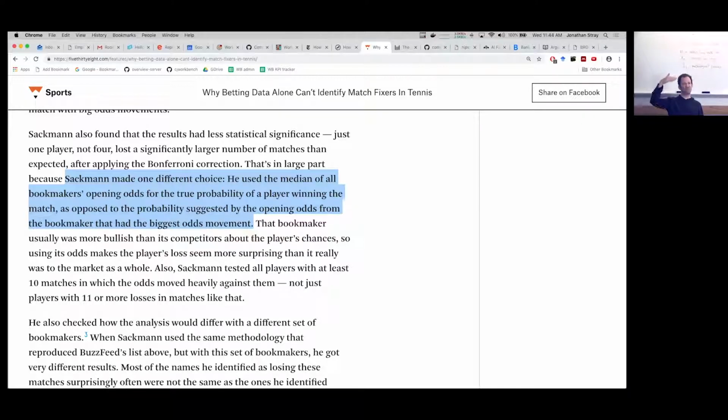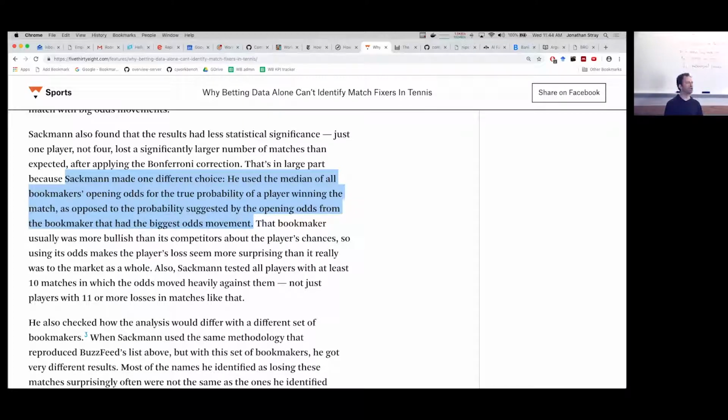The BuzzFeed analysis took the bookmaker that showed the maximum movement in the odds, whereas Sackman took the median of the odds given by the bookmakers and looked at how much the median moved. So that's a different methodological choice.